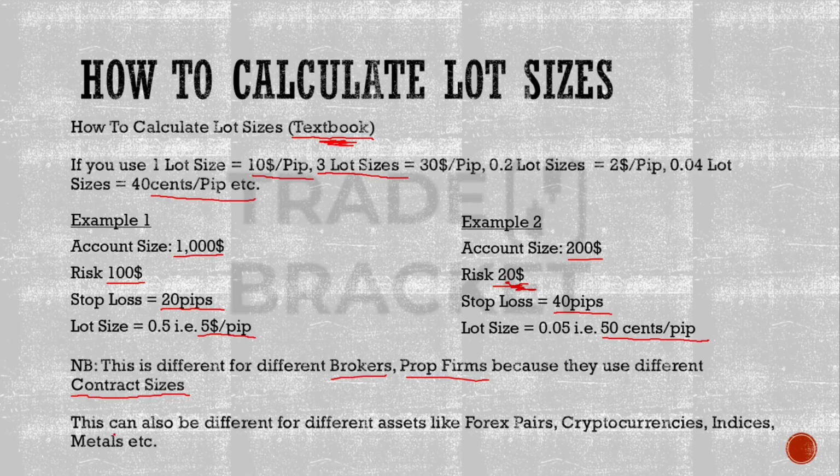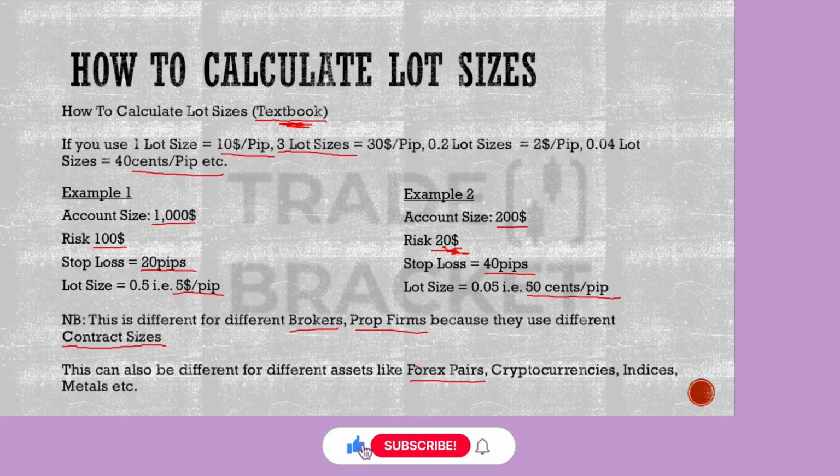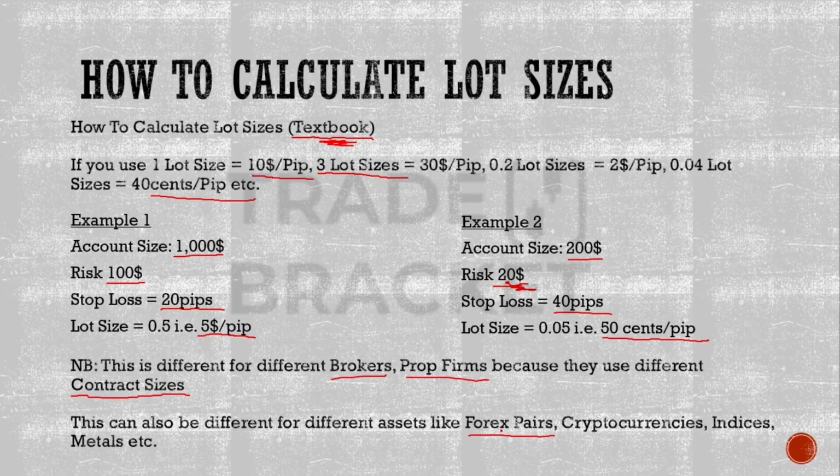As you can see right there, it also says that this can be different for different assets, like forex pairs. For a forex pair like the EUR/USD, it could be different from a forex pair like the GBP/AUD. The contract sizes could be different, guys. So that's why it's important for you to know how to calculate your lot size.